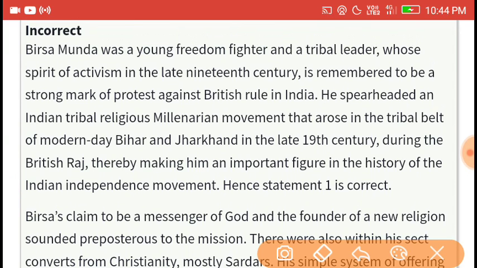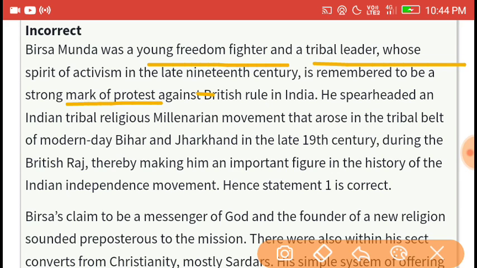Birsa Munda was a young freedom fighter and tribal leader whose spirit of activism in the late 19th century was a strong mark of protest against British rule in India.